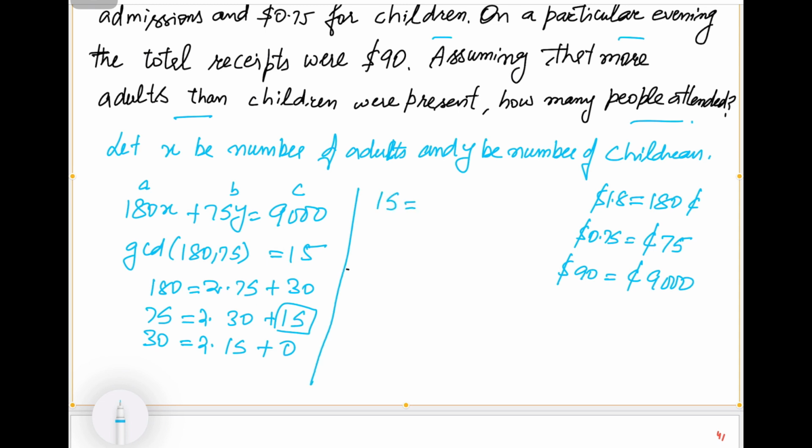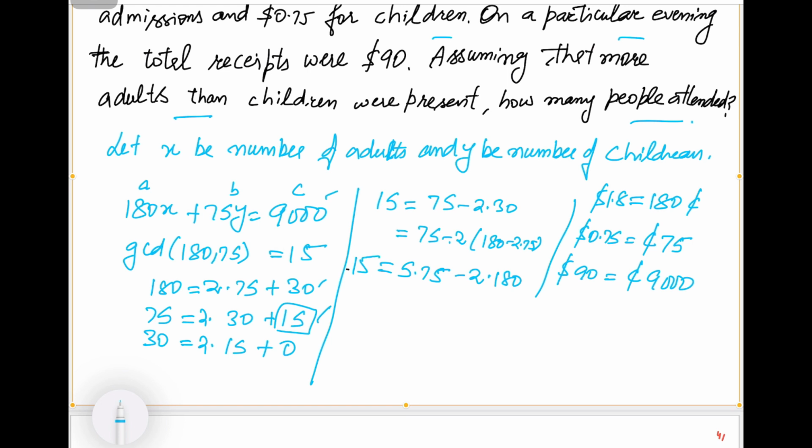Now let's express this 15 as the linear combination. So from this equation, 15 is 75 minus 2 into 30. Now from the first equation, put value of 30 as 180 minus 2 into 75. Coefficient of 75, we have 2 times 2 plus 1, 5 times 75, minus 2 times 180.